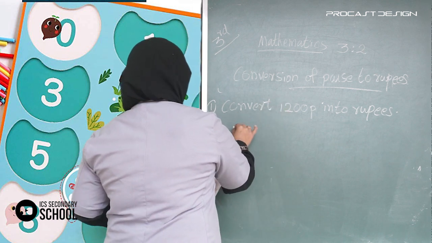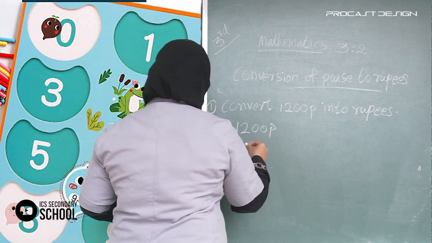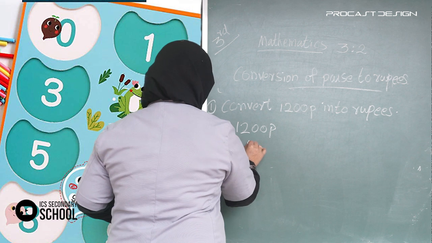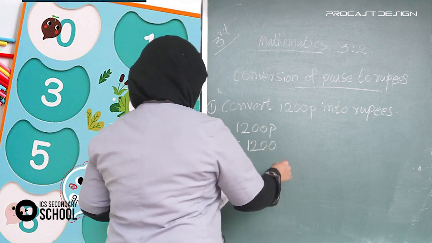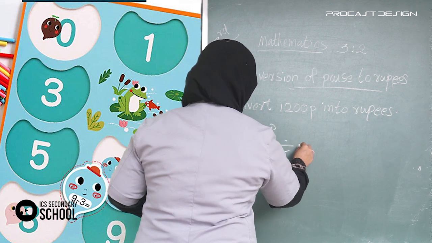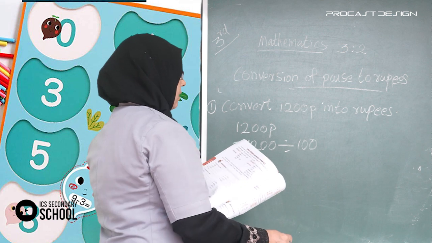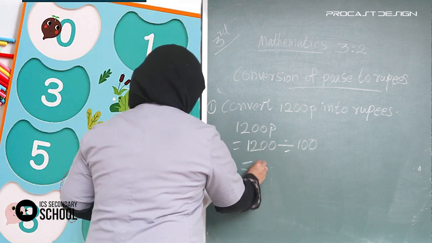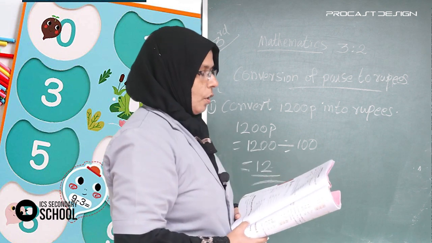Solution: 1200 paise is equal to 1200 divided by 100, which is equal to 12.